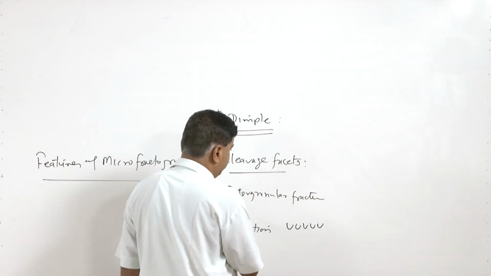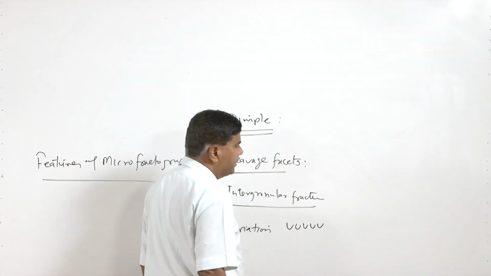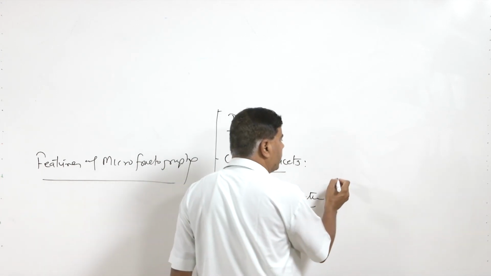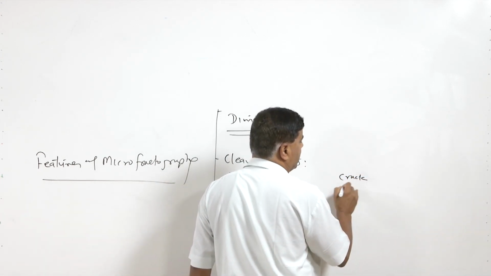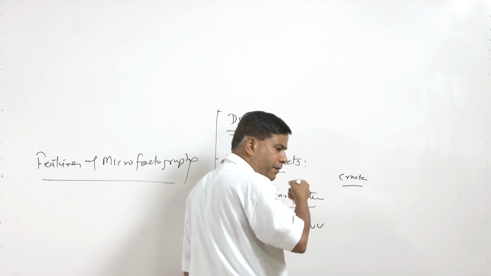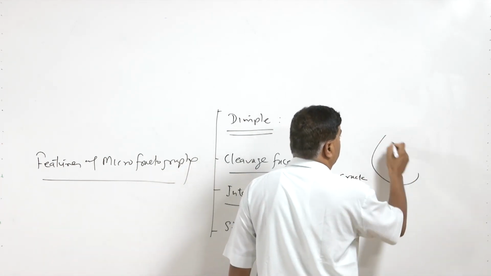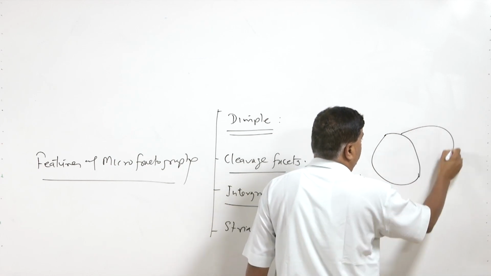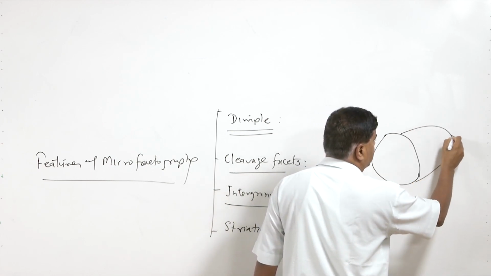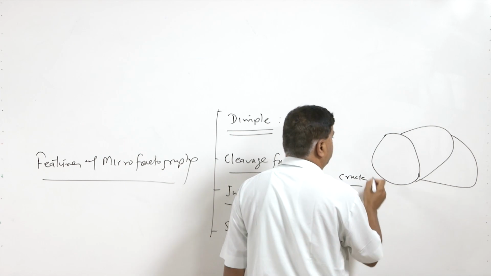Intergranular fracture. Intergranular fracture is the typical one where the crack, if it is present, will be propagating through the grain boundaries. Like in a metal system, there are a number of grains present on the fracture surface.